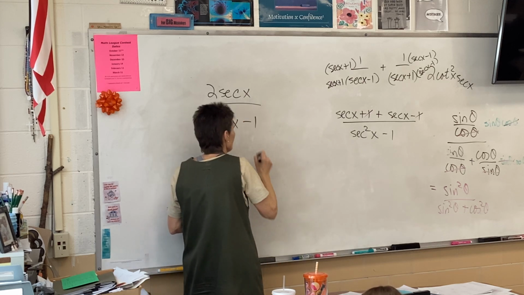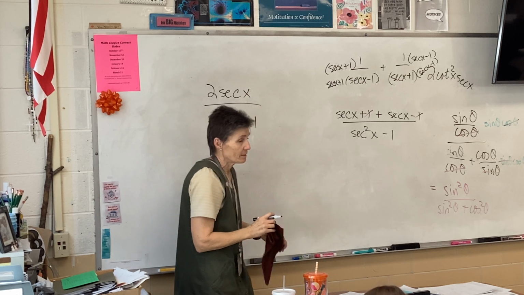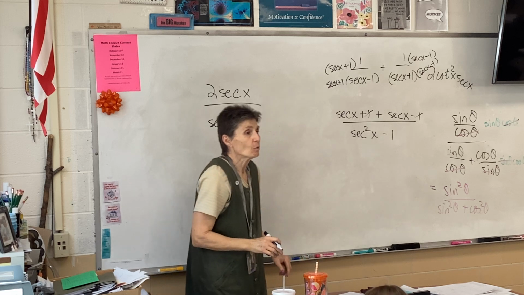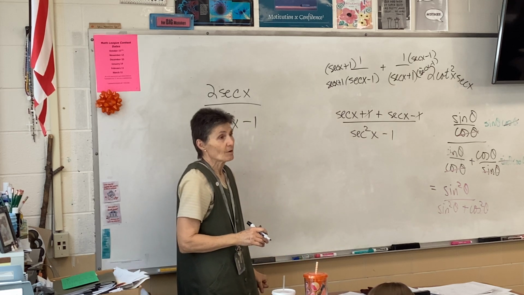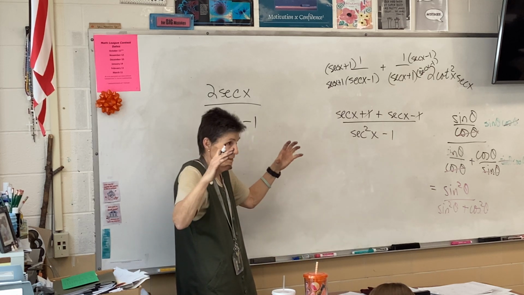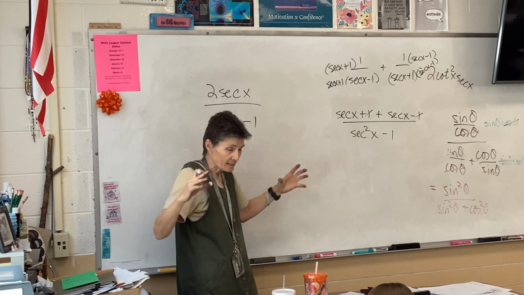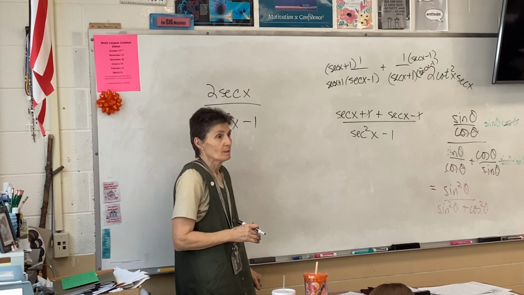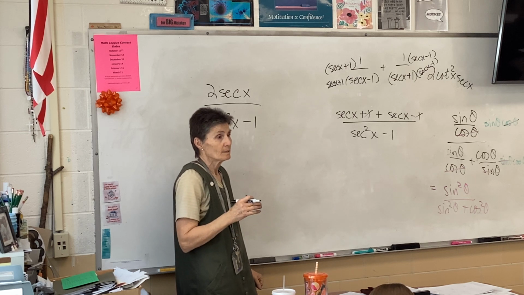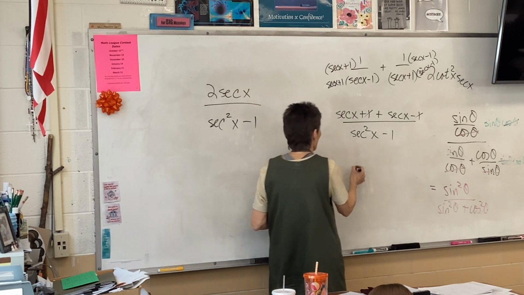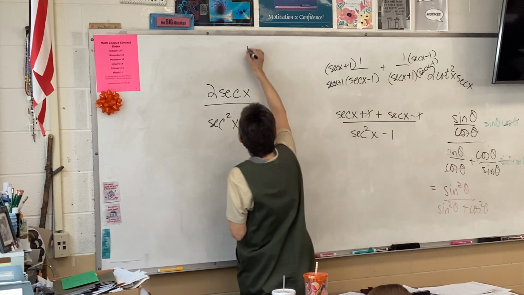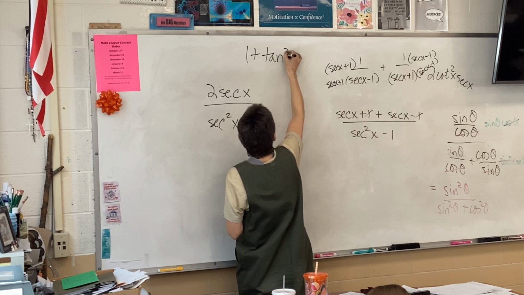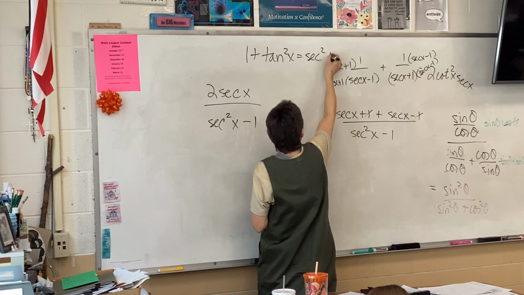But I do wanna look at that carefully. On your sheet, there is a formula, an identity, that involves secant squared. Which one, what does it say? It says 1 plus tangent squared is secant squared.